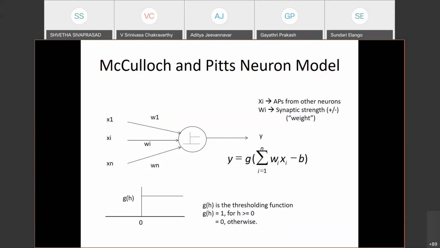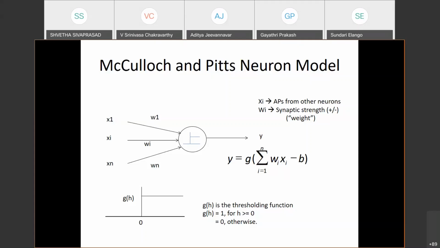So g is doing some kind of thresholding of this summation sigma w_i x_i using the threshold value b. So it's definitely not a linear function, and you can easily argue and show that g is basically the step function, given by the function shown at the bottom of the slide. So g of h is equal to 1 for h greater than or equal to 0, otherwise g of h is 0. This is the step function.